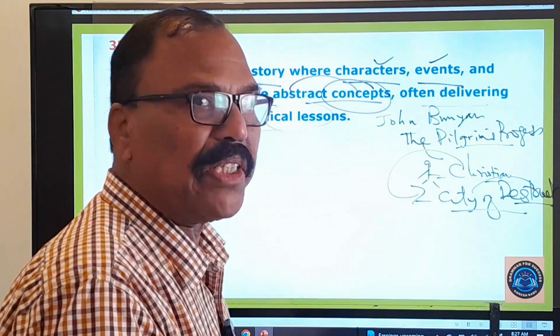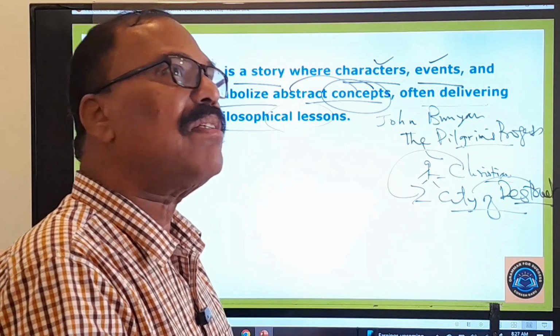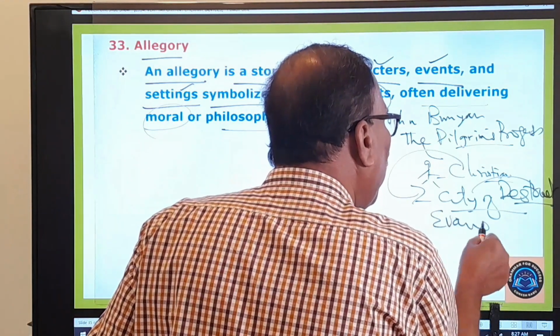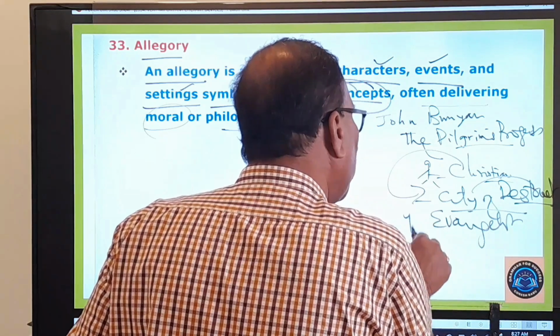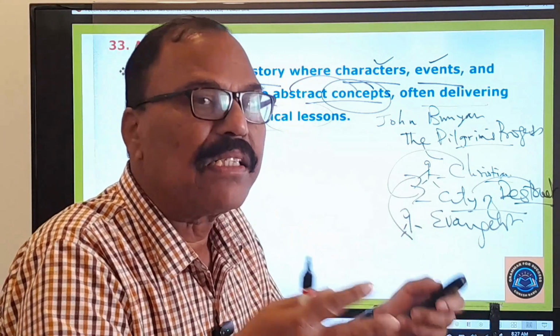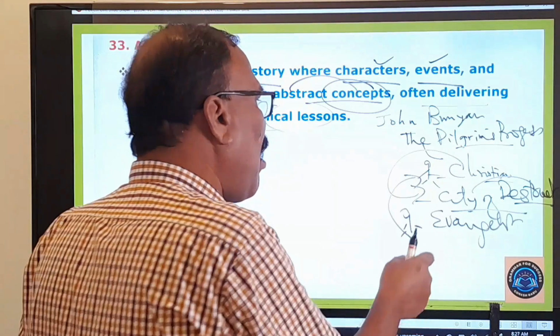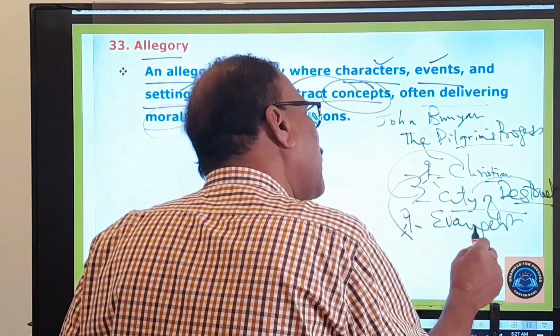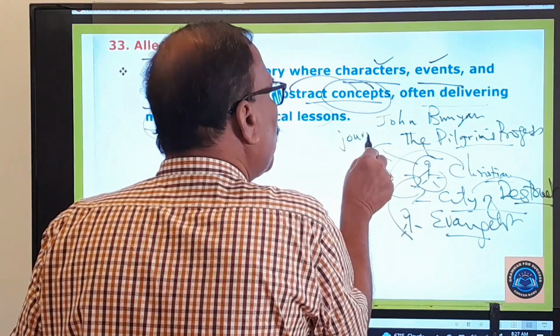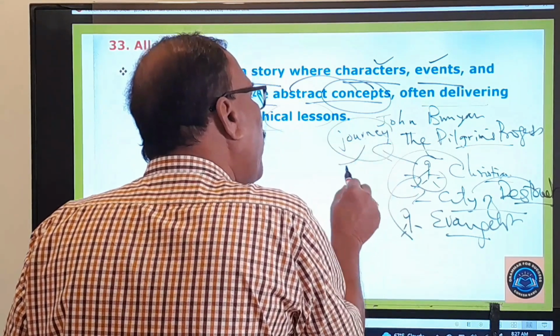And one day what happens, he learns from a person called Evangelist. This person tells this Christian how he can get salvation. And after learning how to get salvation, this Christian starts on his devotional journey. And on the way, what happens?